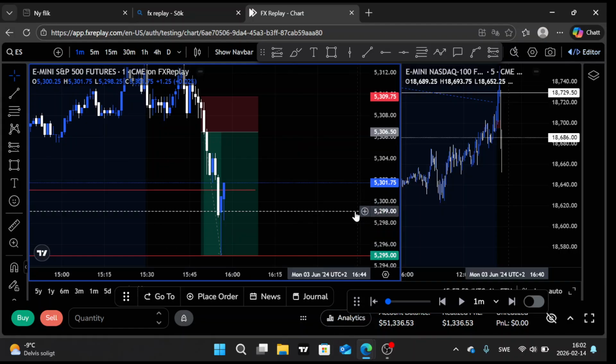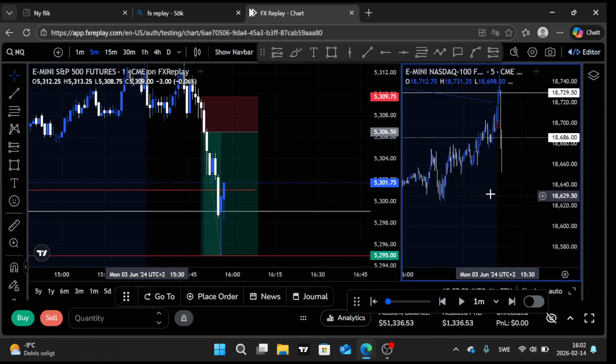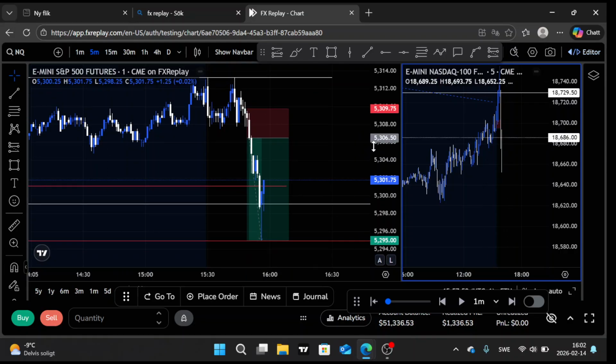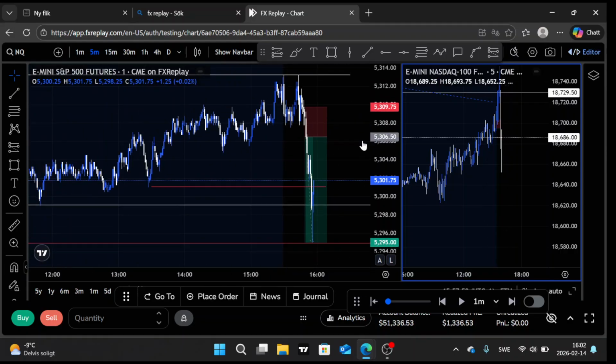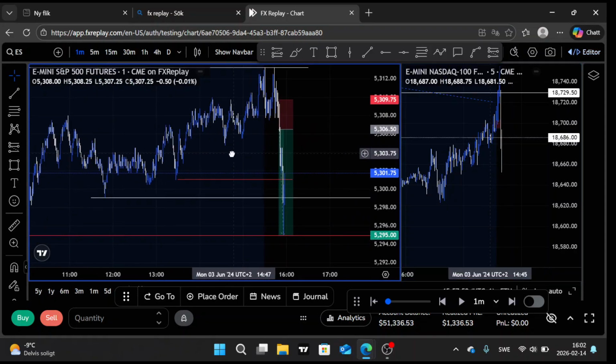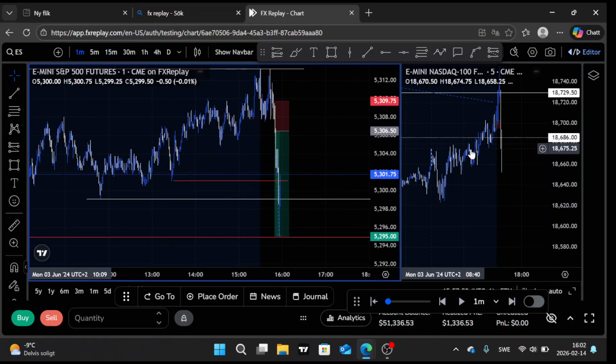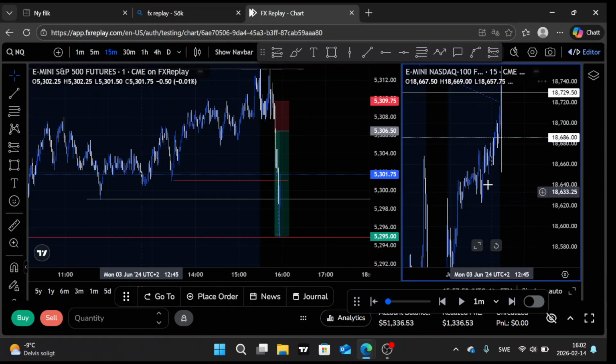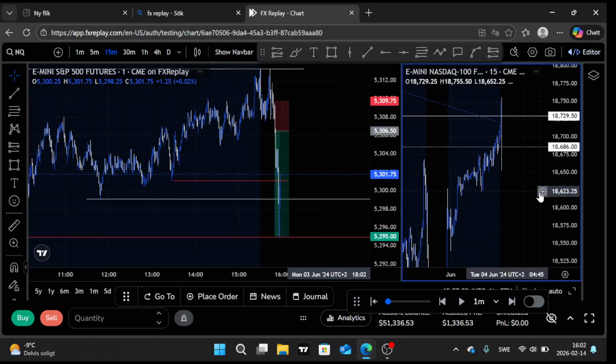So now we go and journal this trade, because that's another important part of the process.